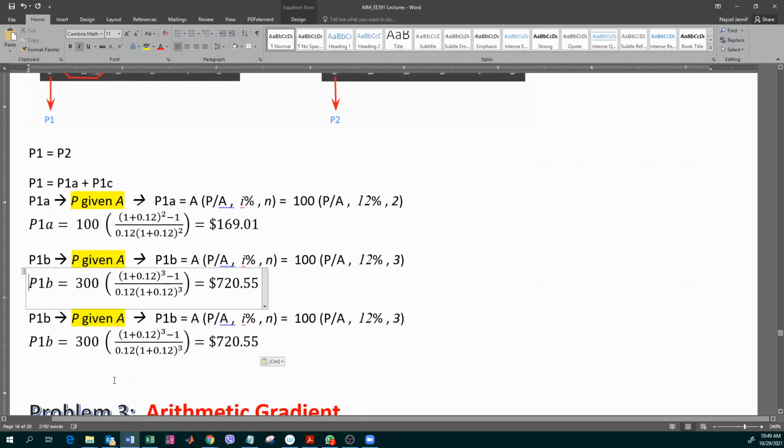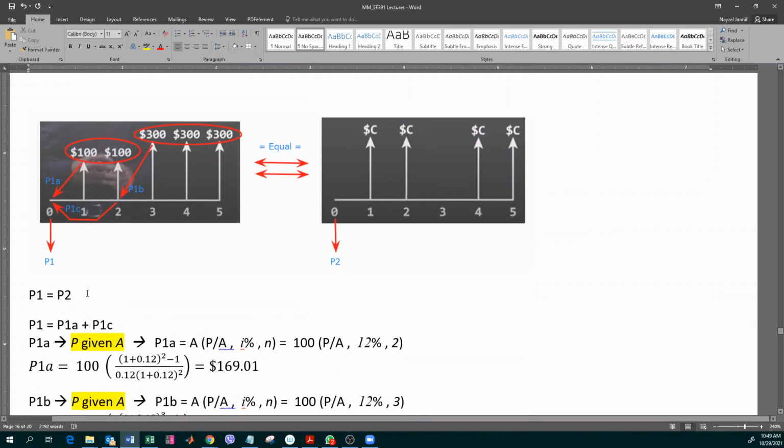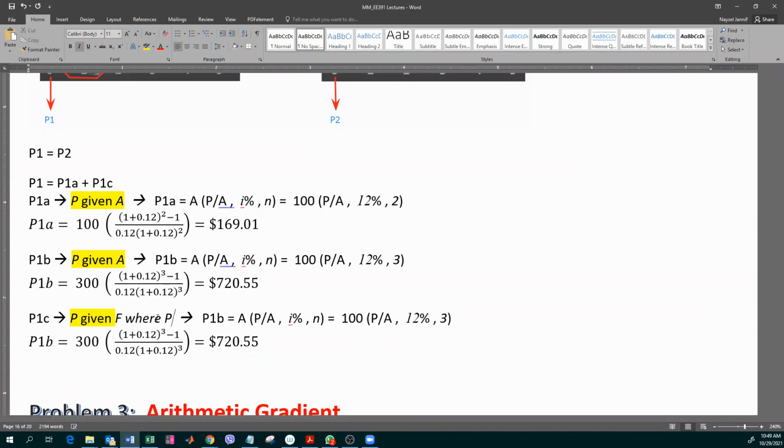Now we want to find P1C, okay? We know the future value is P1B, right? How do we find it when we roll that back to present value? We want to find P given F, where P1B is the future value, right?